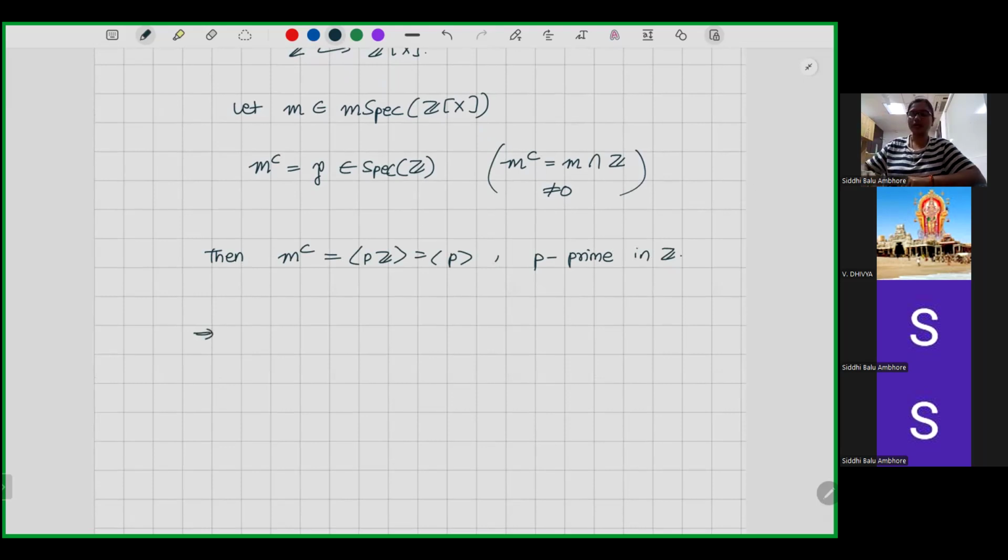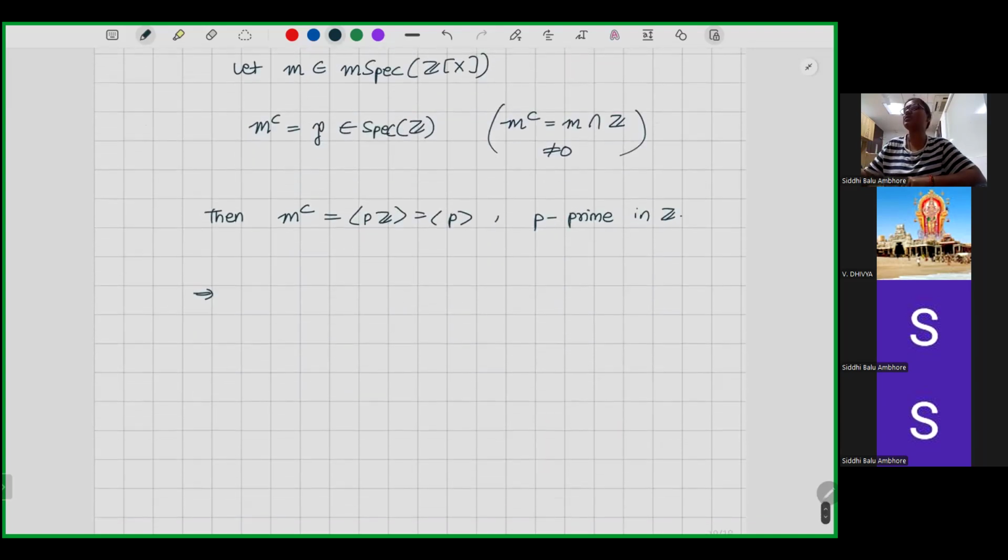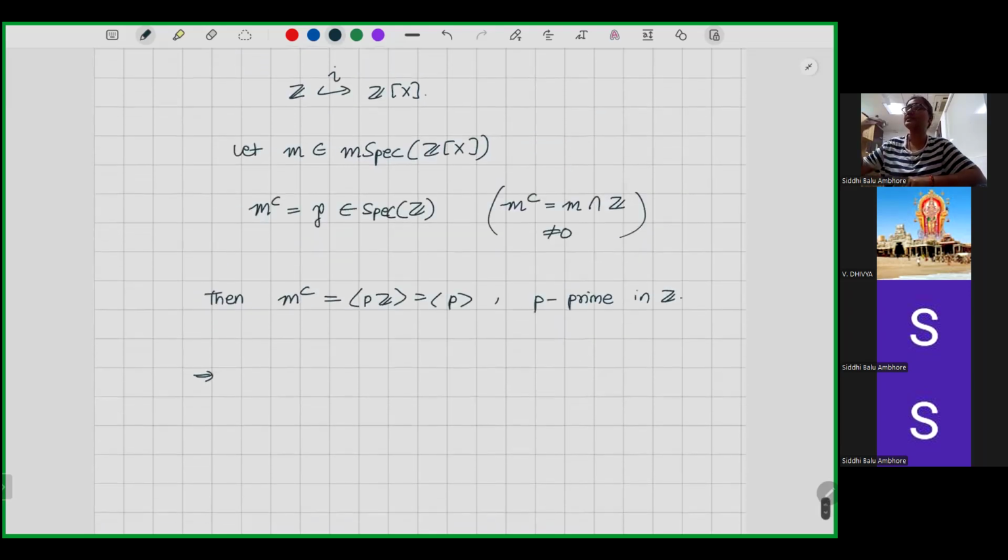So since we are considering this inclusion here, this P is also contained in that ideal M which we started with.